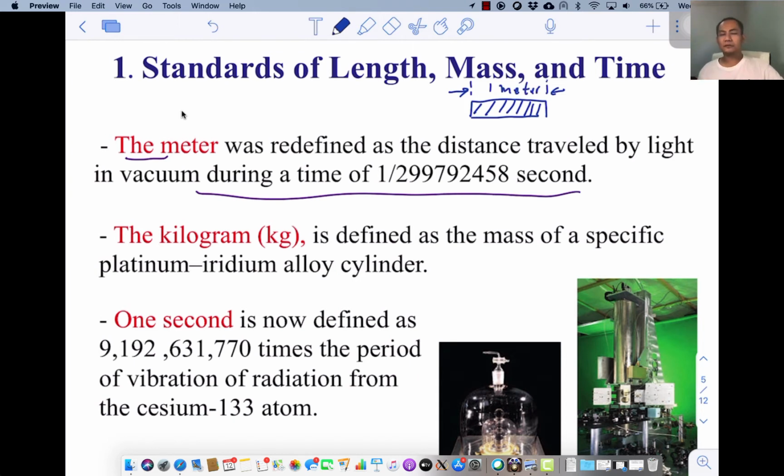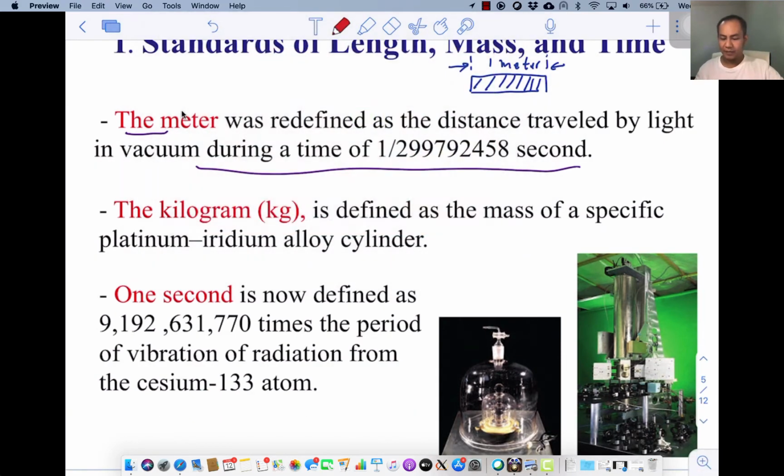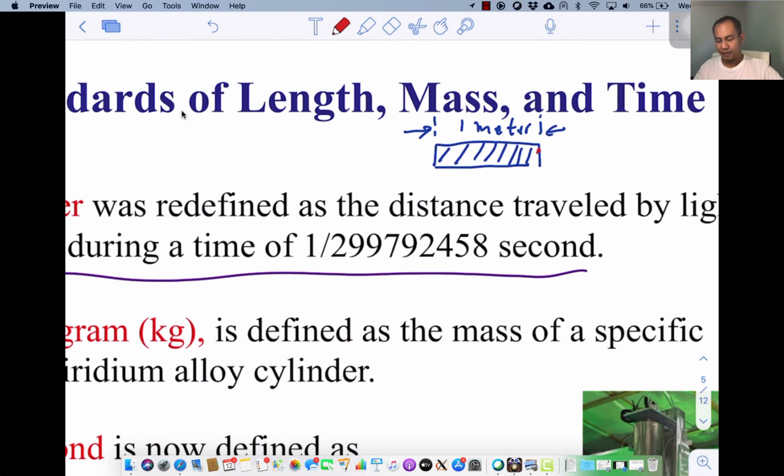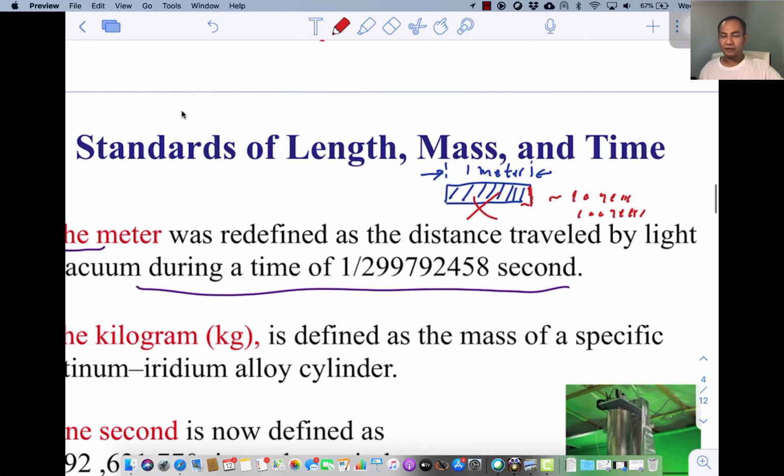Somehow the stone can be decayed or have some corrosion as time goes by. So the length might not be certain, it might be a little bit shorter after 10 years or 100 years. So it's not good to define the length.